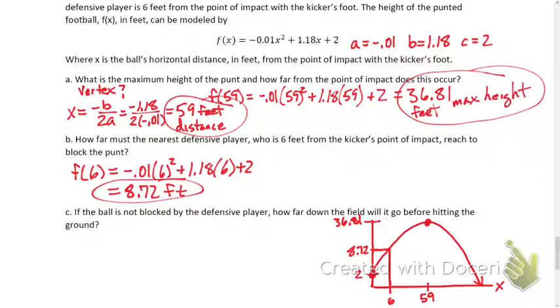Where that arrow is, right here, that is the x-intercept. What is that number? We could factor, I don't know how to factor that though, so let's do quadratic formula. So here's our formula, negative b plus or minus the square root of b squared minus 4ac, all over 2a.